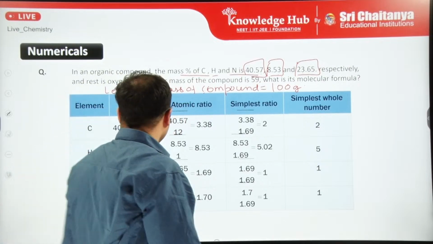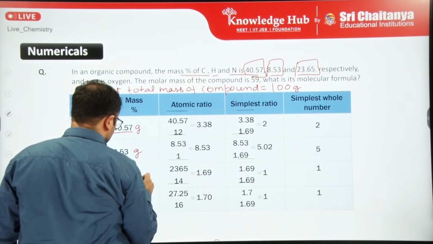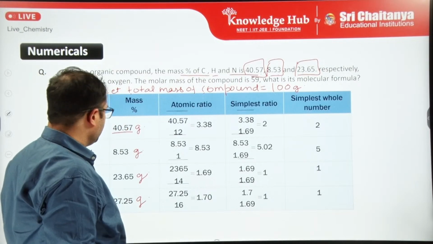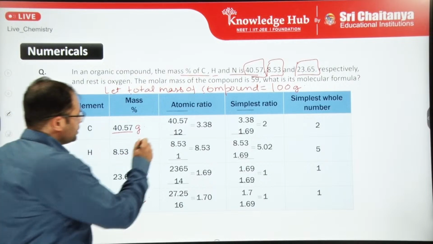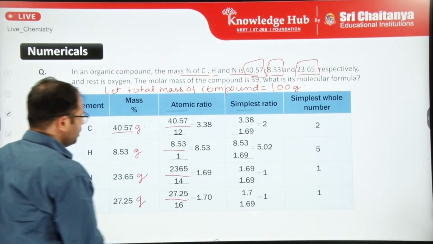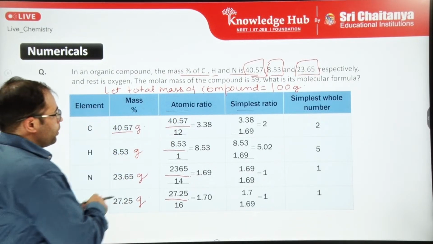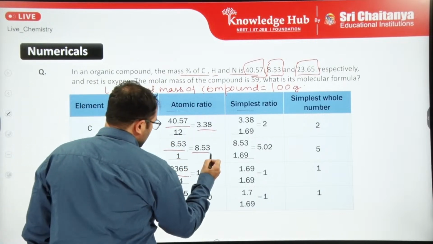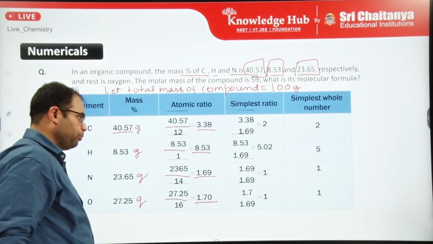Next, you write this, suppose you consider it as grams. Next, divide them by their respective atomic weights. So 40.57 grams divided by 12 gives you a value of around 3.38. 8.53 divided by 1 gives you 8.53, and then by 14, 1.69 and 1.7.